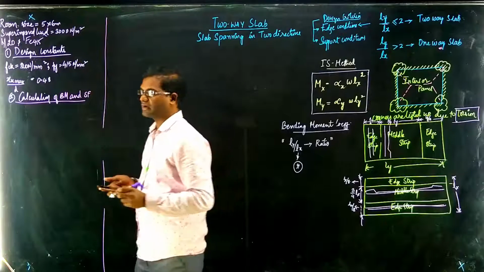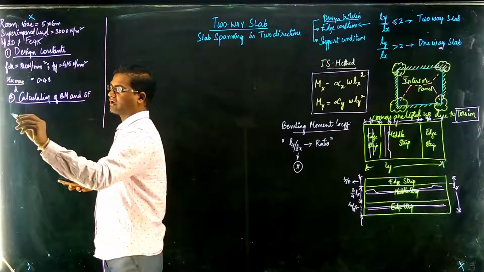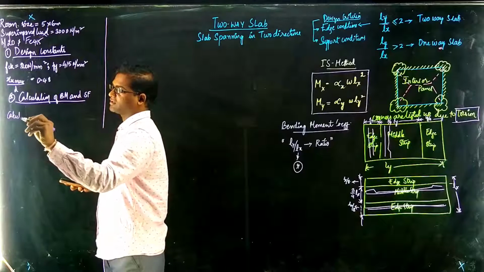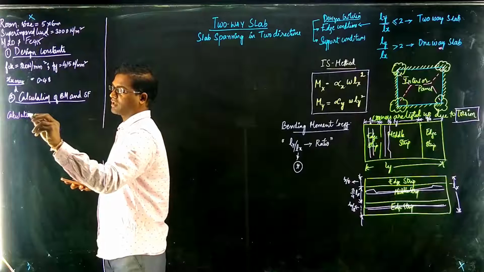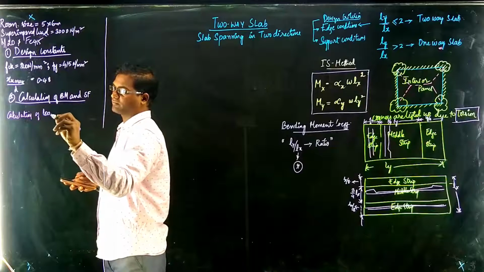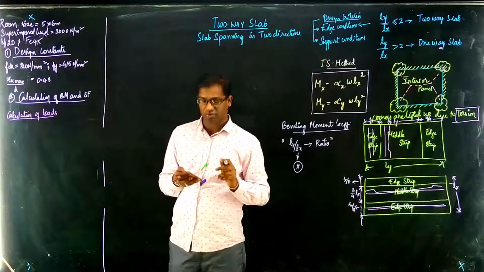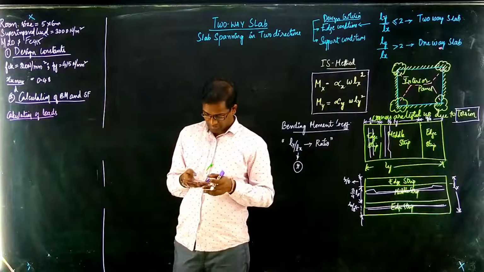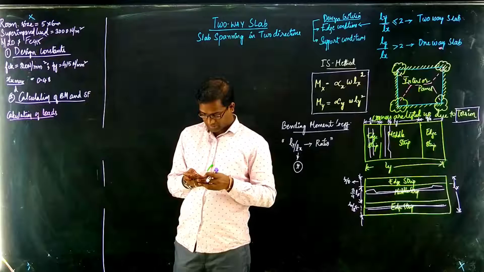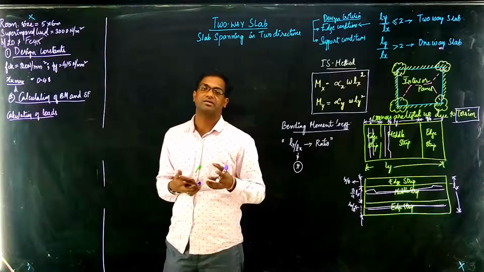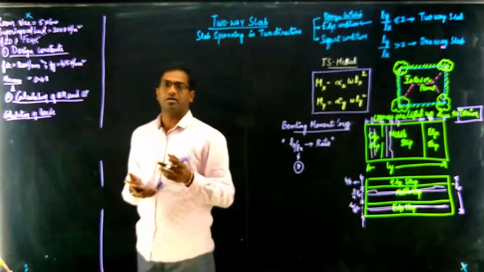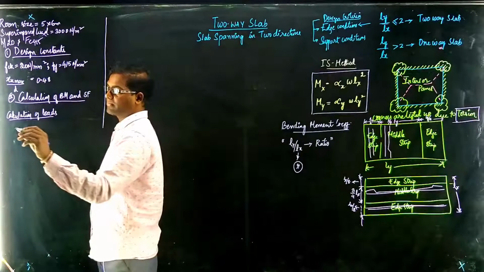Now, in the calculation of bending moment and shear force, we first need to calculate the loading, the calculation of loads. In order to calculate the loads, you need to assume the depth of the slab. As I said, the depth of the slab is from the serviceability criteria, or deflection criteria. It is a simply supported beam.